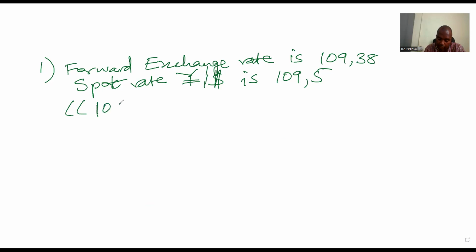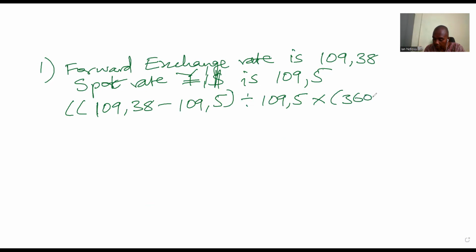We take the forward rate of 109.38 and subtract the spot rate of 109.5, and then we divide by 109.5 and multiply by 360 over 90, and multiply by 100 to get the annualized forward discount as a percentage.